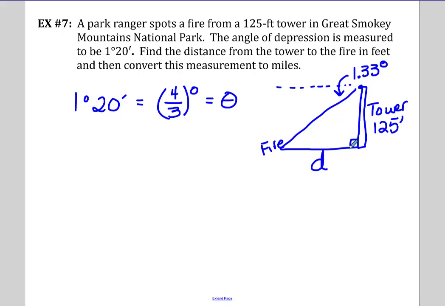And we're looking for the distance, and we're assuming that's also a 90-degree triangle. So the tangent of our 1.3 repeating degrees is opposite to adjacent.